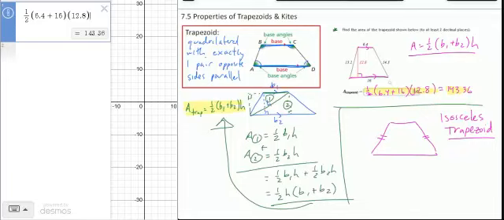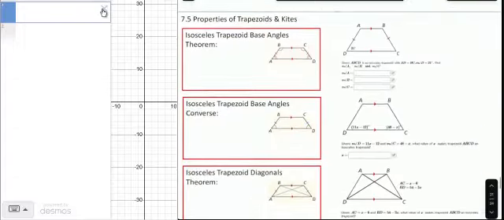An isosceles trapezoid is a trapezoid with congruent legs. You have the bases, and then these are called legs. The legs are the sides connecting the parallel bases, and if those are congruent, then you have an isosceles trapezoid. The first set of properties we're going to look at are true specifically for isosceles trapezoids.